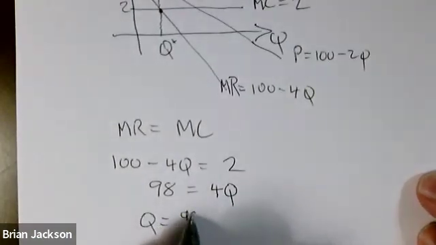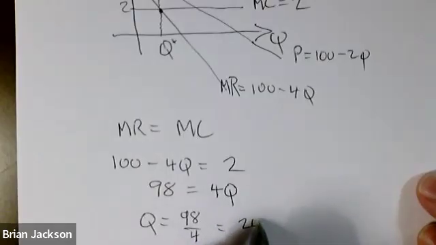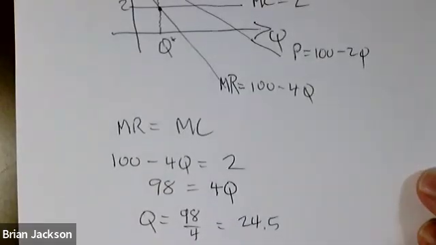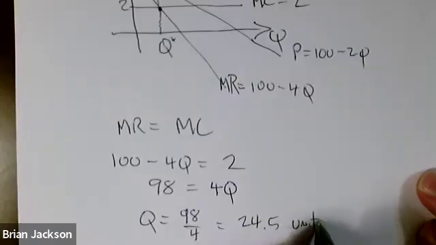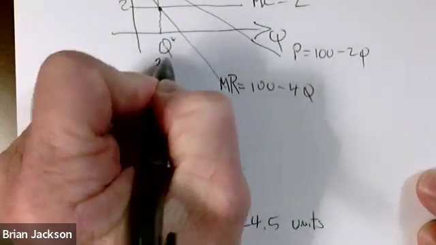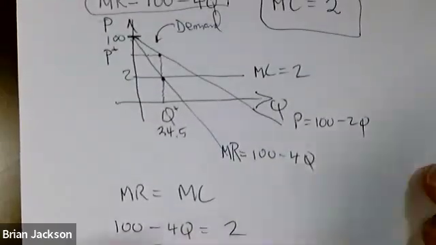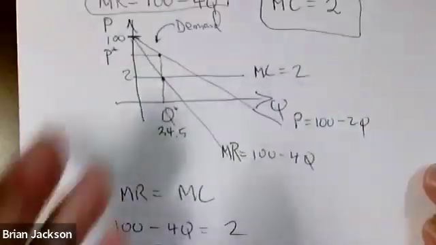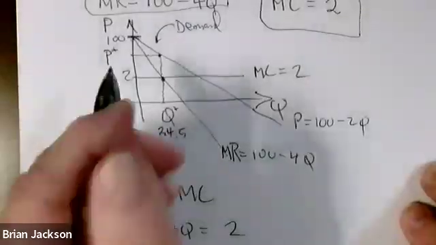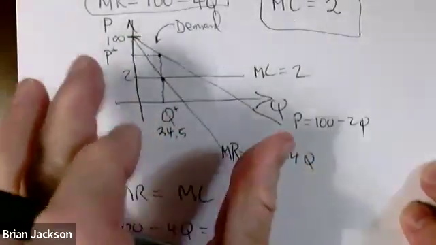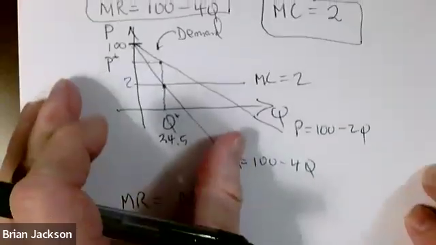Q is 98 over 4, which I think is 24.5. So this is 24.5 units. That's where it is on the graph. It would have been nice if they'd shown you this graph, but they didn't. So there it is.